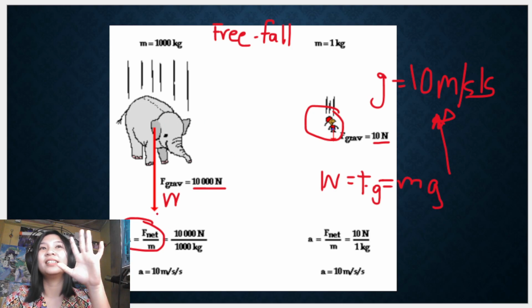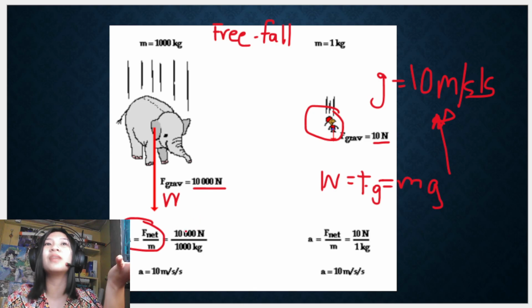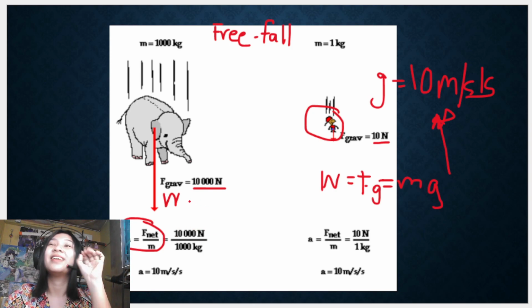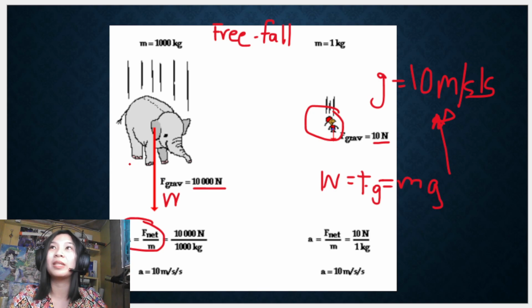Now, some of you might ask, why is our F net 10,000? Isn't that Fg? Here is the definition of net force, because that is also a problem I saw during our summative. Some were confused about what net force is.